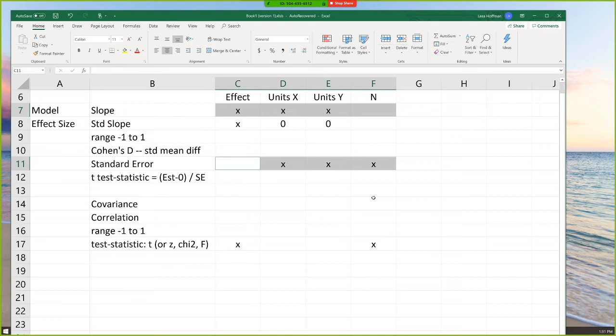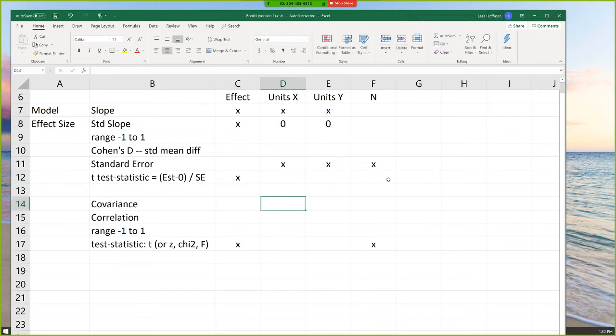So if we look at what's unique now, units of x and units of y are going to cancel. What's left then, what the test statistic reflects, is the size of the effect and the sample size.